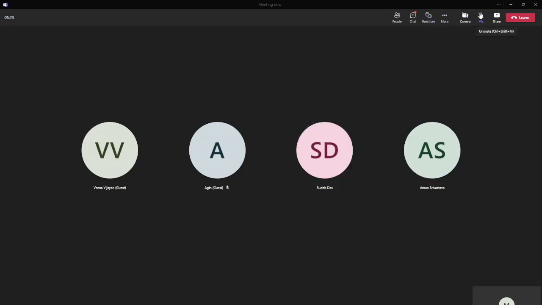The screen is not showing, I just dropped it. Aman was asking, right? Okay. Yeah, because we can see your screen. Okay. Now you have removed the screen. Yeah, I will reshare.